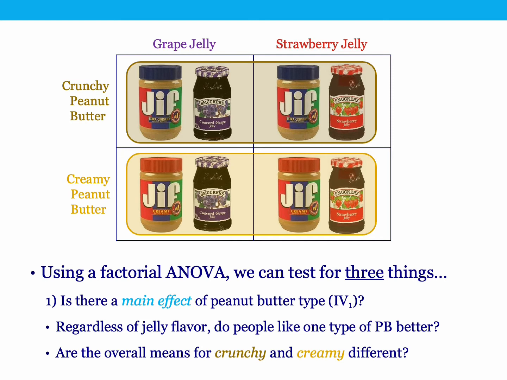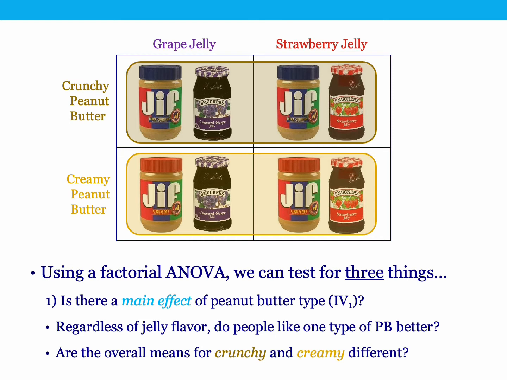So let's say our only independent variable was peanut butter. What we would be looking at if we were looking at a main effect of peanut butter is, regardless of jelly flavor, do people like one type of peanut butter better?